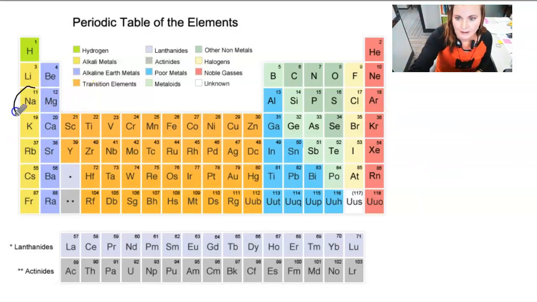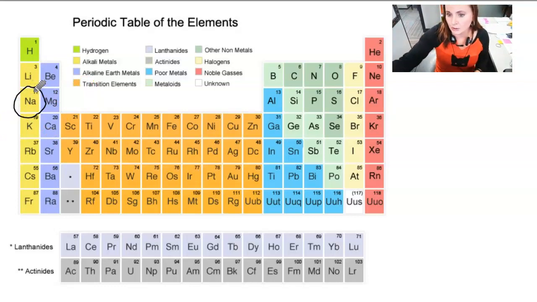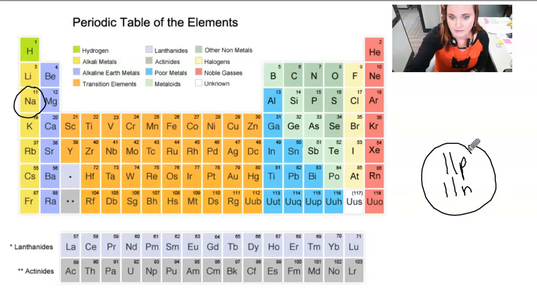In order for sodium to do this, sodium has 11 protons, 11 neutrons in the nucleus, and then 11 electrons, right? 2 of those electrons are in that first energy level.